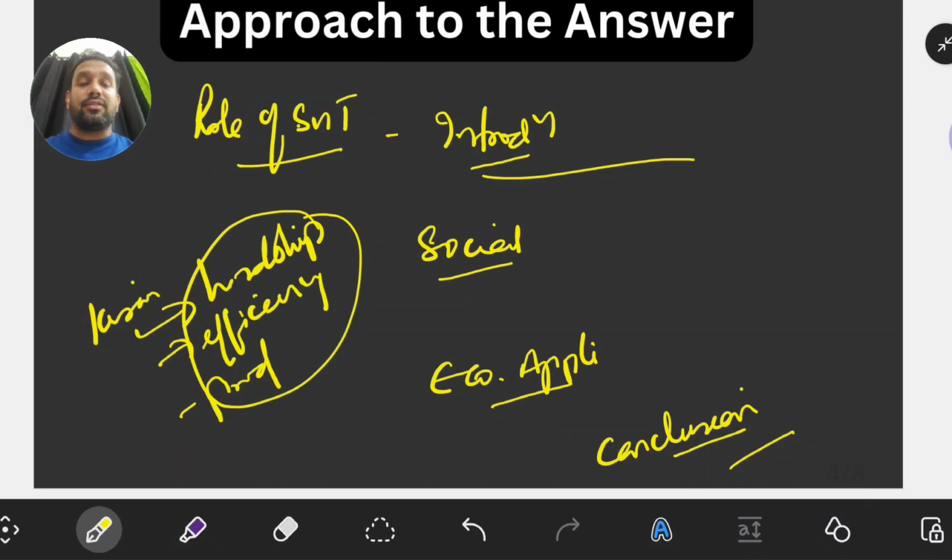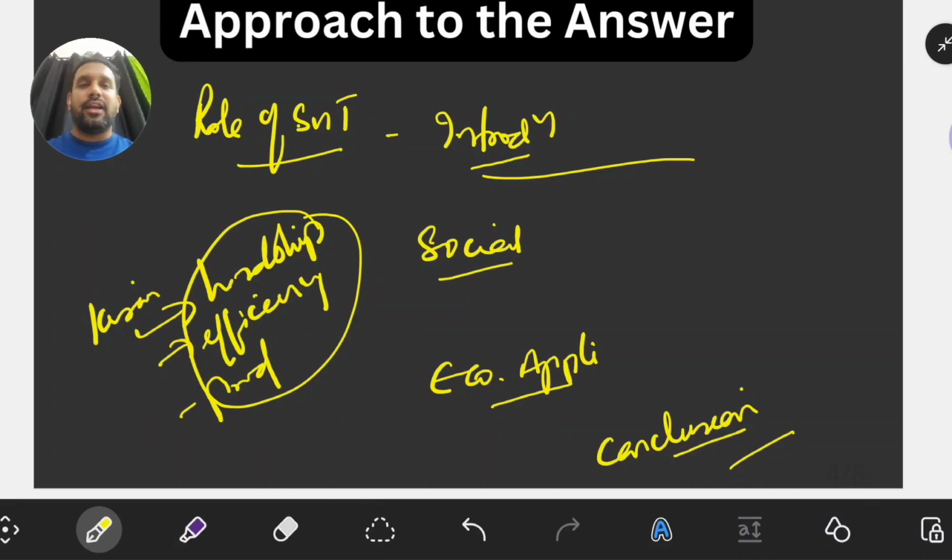With regard to space, it can also be weaponized, can also be militarized. Why? Because we can also put missiles in space and threaten the world, right or wrong? Yes. So these are some of the important aspects you can write in the conclusion, the drawbacks of SNT, and you can end by saying that the government should make regulatory measures and keep a tap on checks and balances in order to remove these obstacles or bottlenecks.